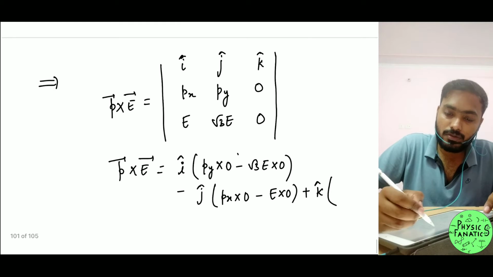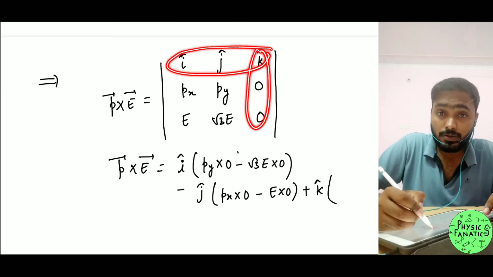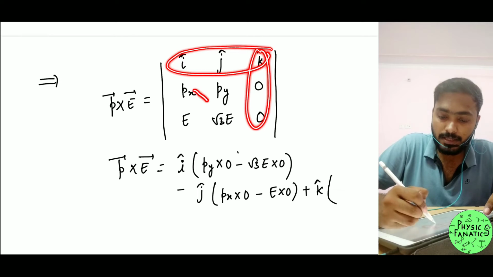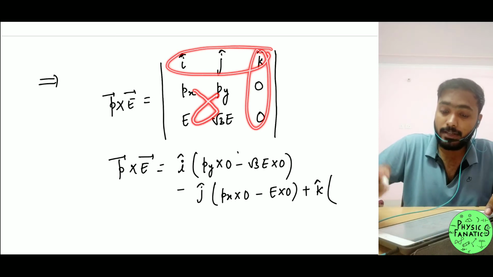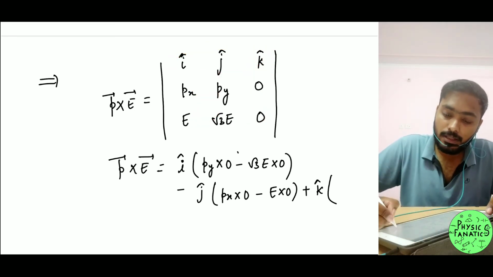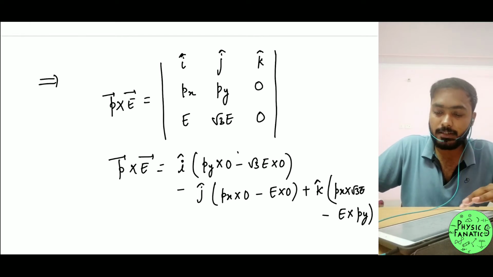So k cap, you hide i cap and j cap, then Px multiplied by root 3 E minus E multiplied by Py, right? I can just write it down. I hope that is understandable, right?